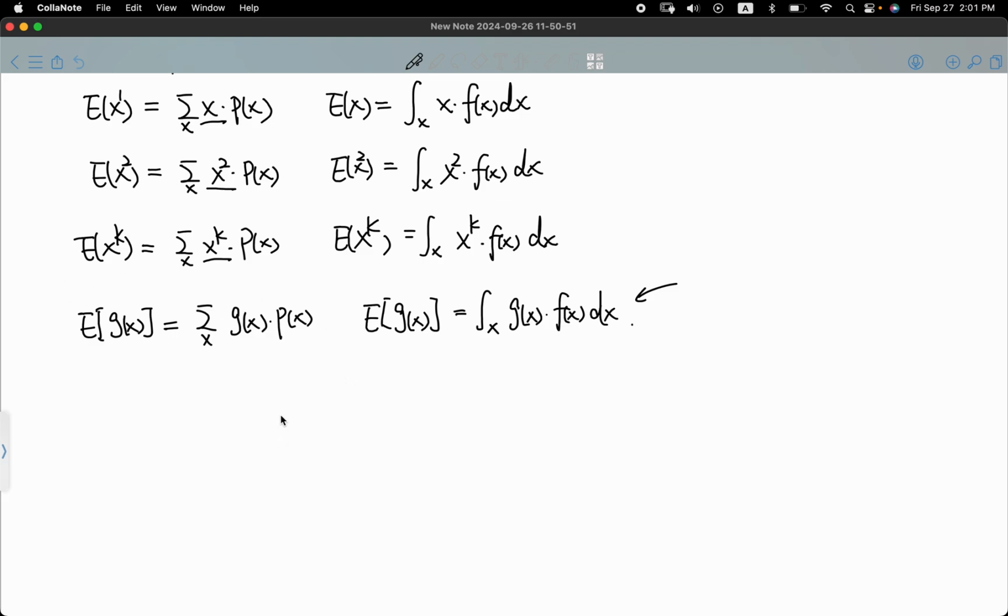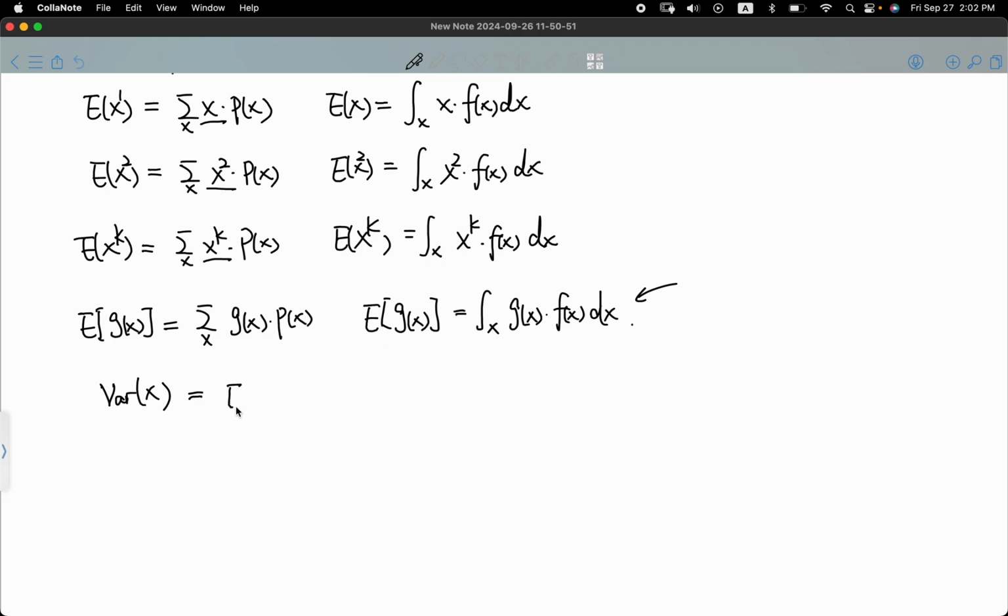Before we proceed to the examples, let's mention another very important quantity, which is called the variance. I'm not going to talk about the differences between the discrete and the continuous case. The only difference is that one is a summation and one is an integral.